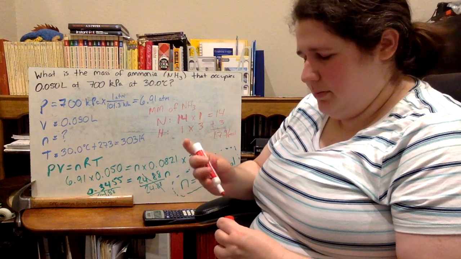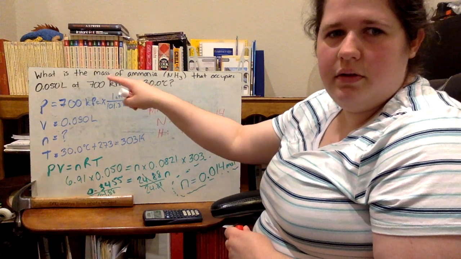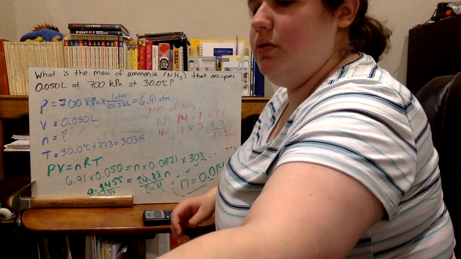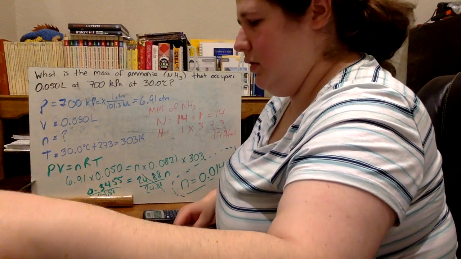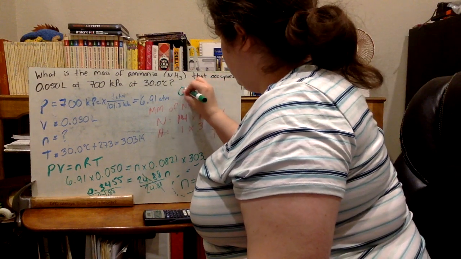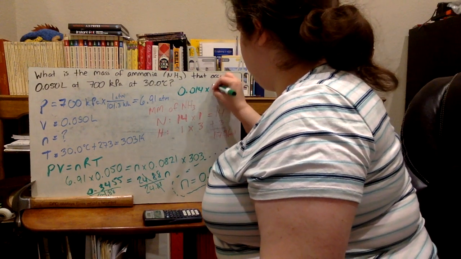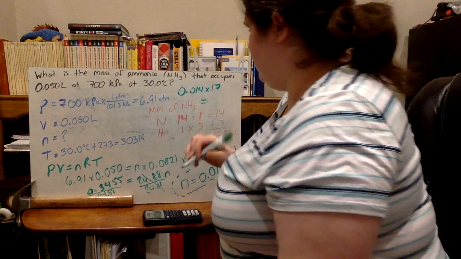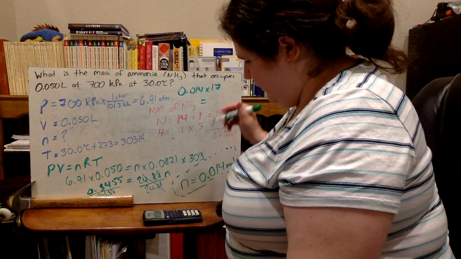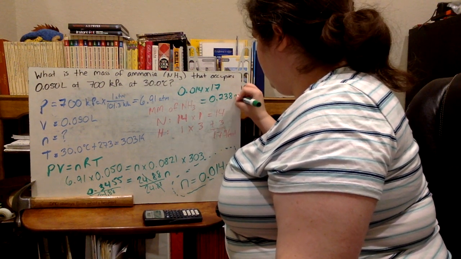Now we just have one more step. We need to multiply our number of moles times our molar mass to get the mass. I'm just going to finish this one off in green. 0.014 times 17 is equal to 0.238 grams.